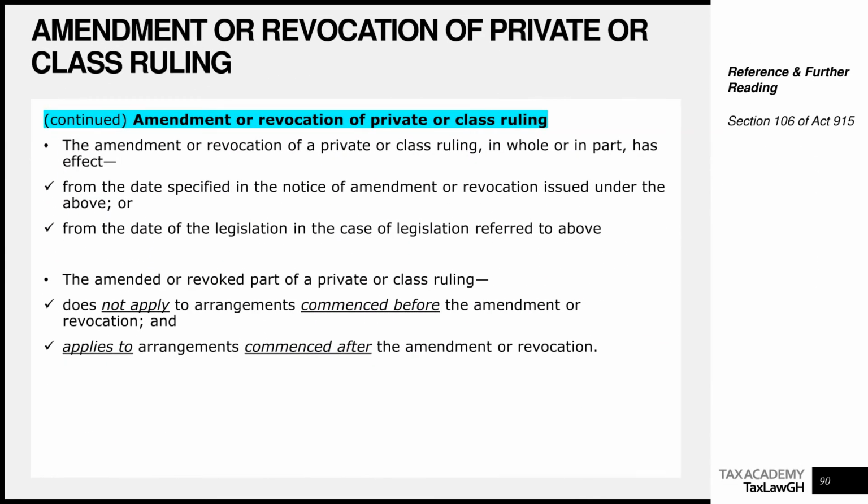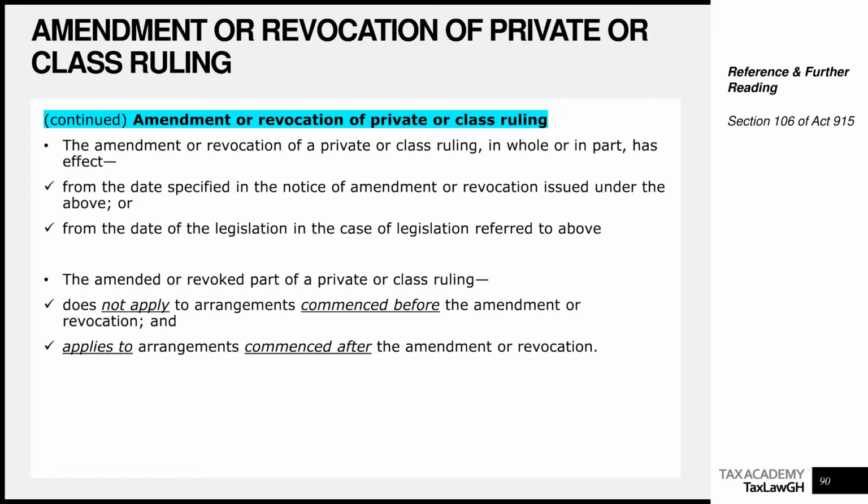Then how does amendment or revocation take effect? We are saying that amendment or revocation in whole or in part has effect from the date specified in the notice or the date the new law came into effect. Similar provision under the practice note issue.